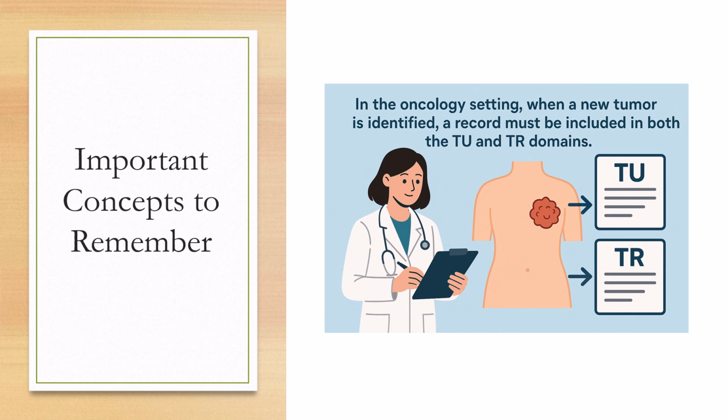Just to give a brief account of what type of measurement we can have for this tumor, we can identify the diameter of the tumors, the long diameter, short diameter, and so on. All this type of information will be created in the TR domain and will be mapped to the TU record using the TU link ID.